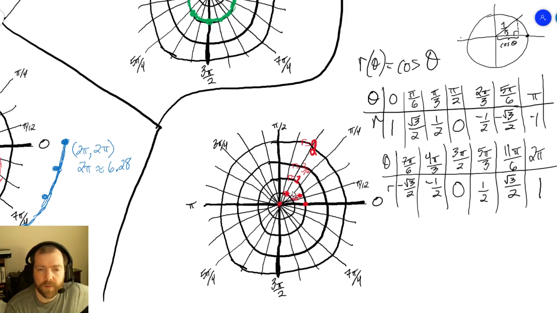In addition, at pi over 4, this value is 0.707. This is the quarter point that I was talking about in previous videos, where we have the square root of 2 over 2 for pi over 4. And also the pi over 12 and 5 pi over 12 are a combination of root 6 and root 2 divided by 4.